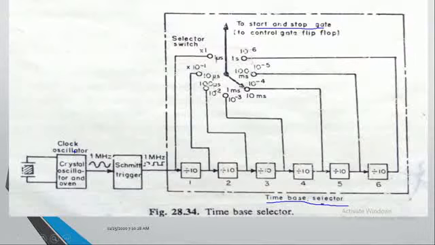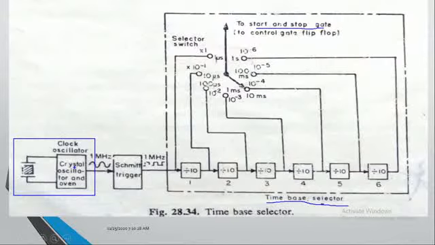In order to get an accurate time period, whatever clock generator we have, the crystal oscillator clock generator, we should place it in a temperature-controlled, safe container, which will not be affected by external parameters. That's why we place this crystal oscillator in the safe case, and the output of that one is given as an input to the Schmitt trigger.